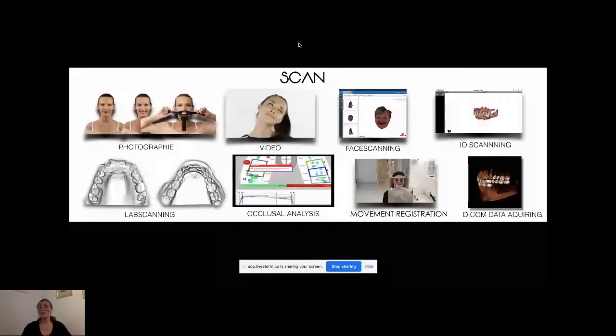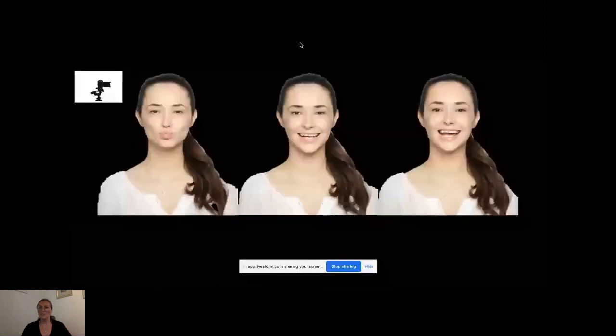The digital photography is not used only for lectures, it is used definitely for the technician. This is the first tool which gives him an impression and also some parameters for him to do a 2D visualization of the future smile, which is the first step of the planning.